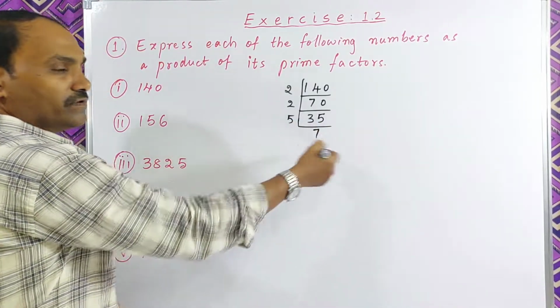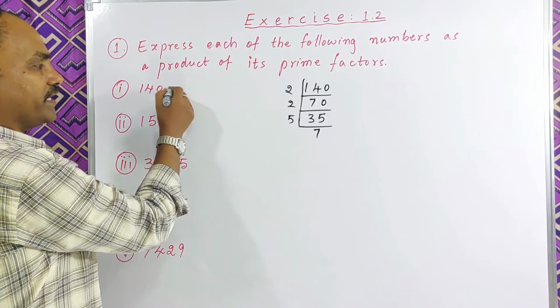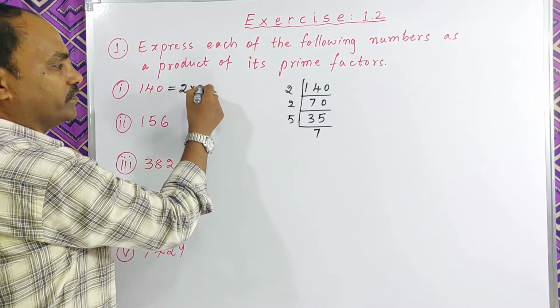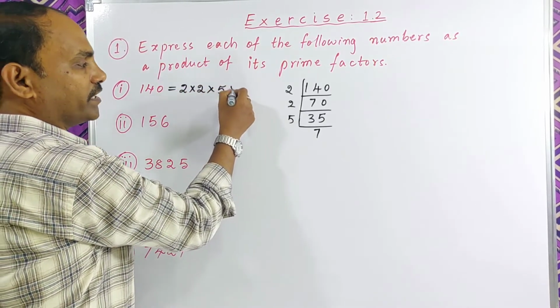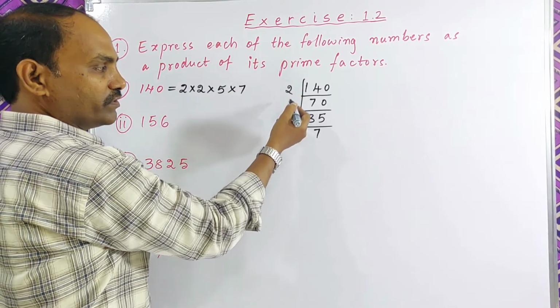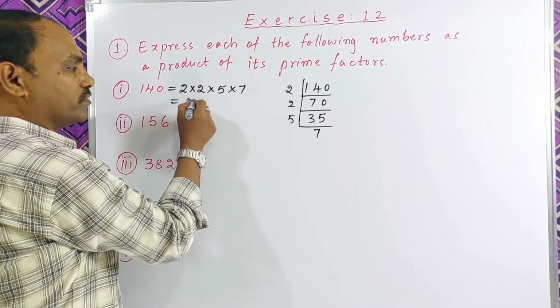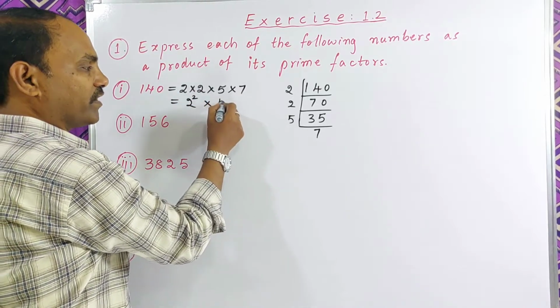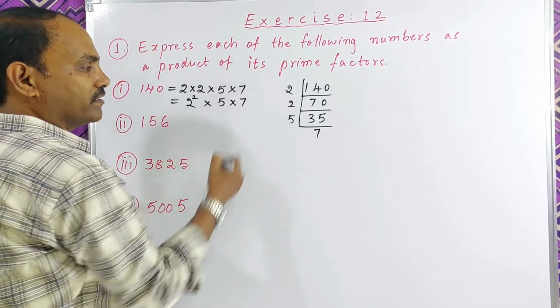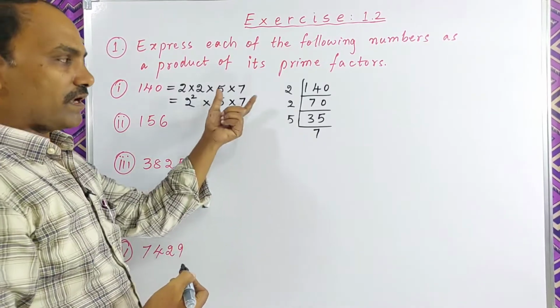So no need to do it again here. So 140 can be written as 2 into 2 into 5 into 7, or 2 came 2 times, so 2 square into 5 into 7. This one is also correct and this one is also correct.